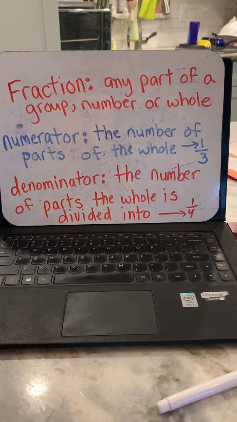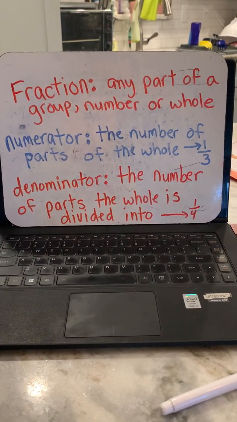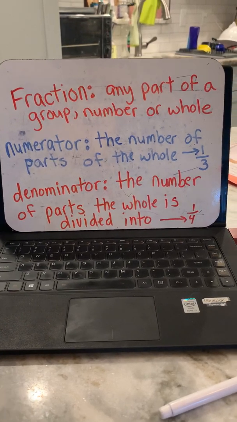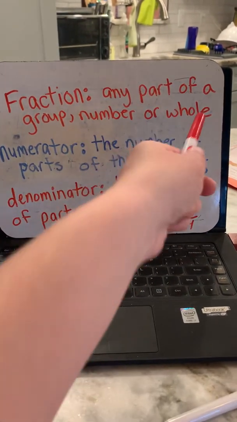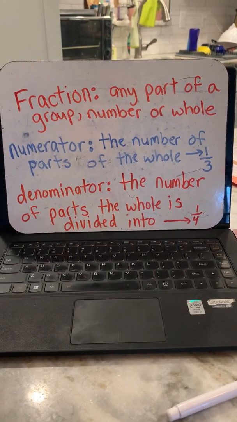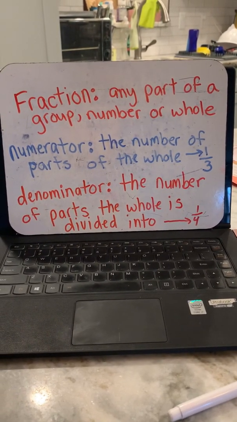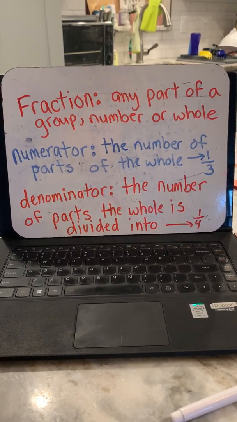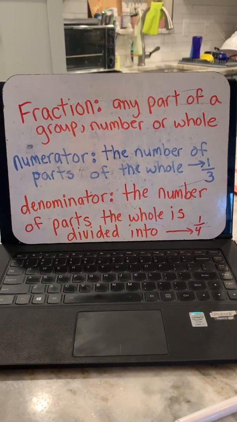That would be a fraction of a group. So you would represent the boys as being 16 over 31. Representing a fraction of a whole would be something like I need to use a half a cup of sugar for my brownies recipe, right? Because 1/2, we all know, is less than 1, right?